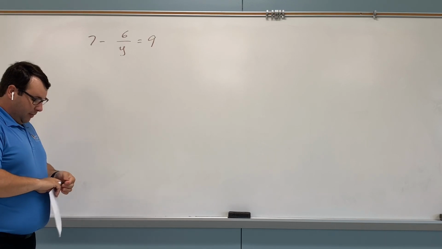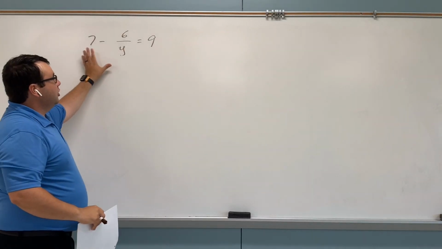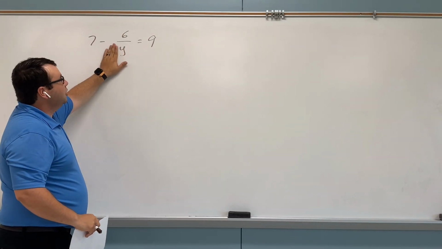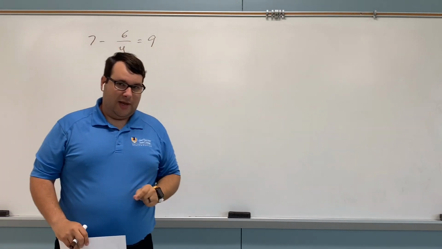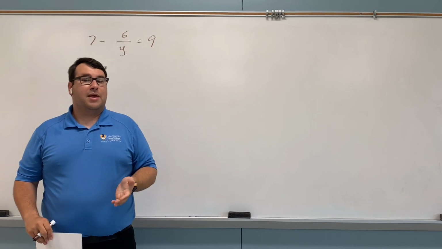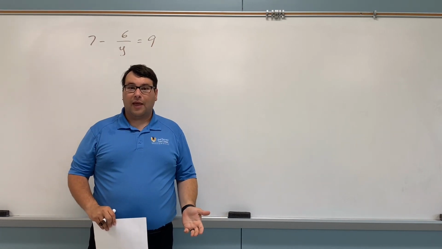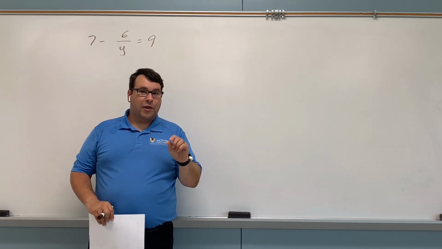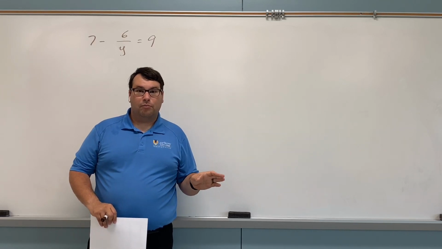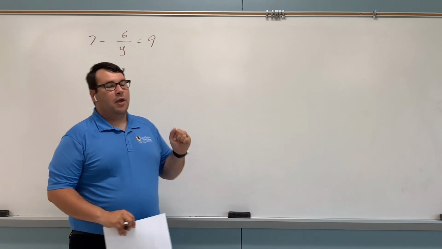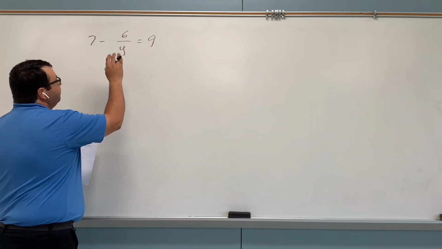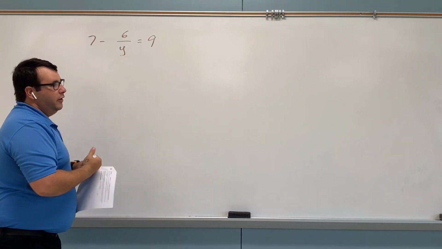Now, anytime I'm dealing with an equation such as this with a rational expression, I always have to check my domain because something may not be included within my solution set. That would be a value that can make my entire world implode. I'm dividing by 0. You don't want to do that. So we're going to look at all of our denominator values.